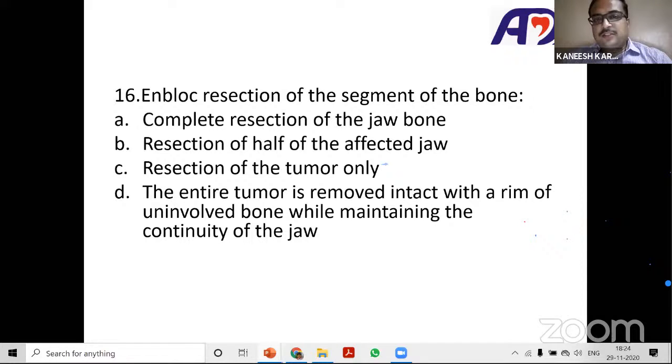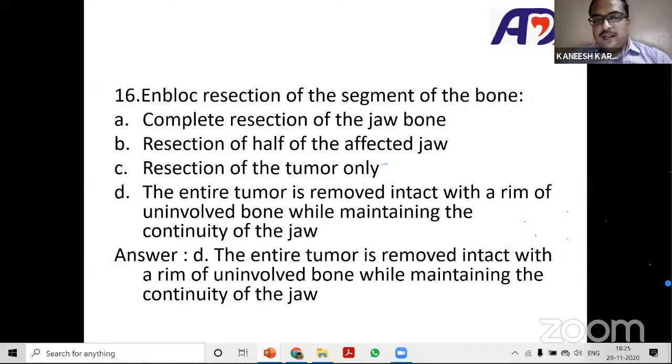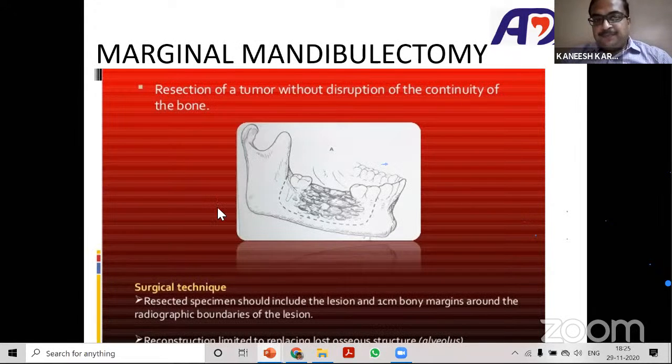En bloc resection of the segment of bone is done in... the entire tumor is removed intact with the rim of uninvolved bone while maintaining the continuity of the jaw. That is called en bloc resection. You see here, we leave the inferior border.